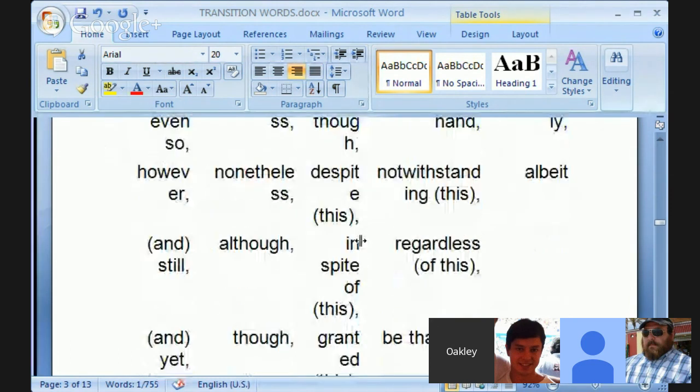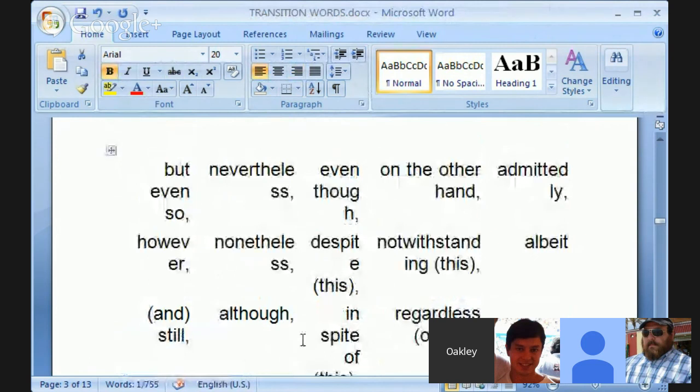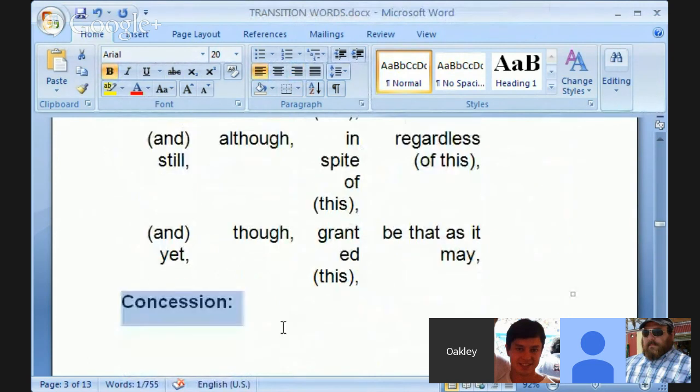Here's an interesting category: concession. Does anybody know what a concession is? Interesting word. Anybody seen this word? Let me explain. First of all, there are two meanings.